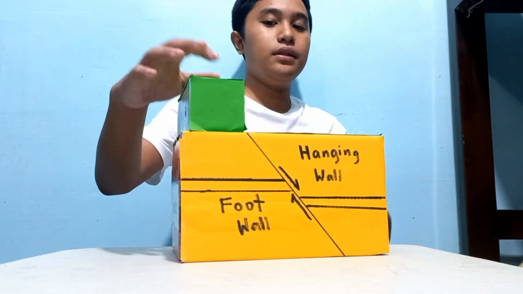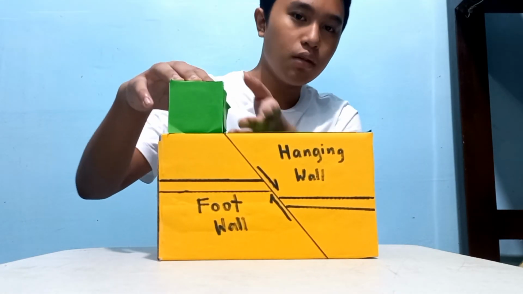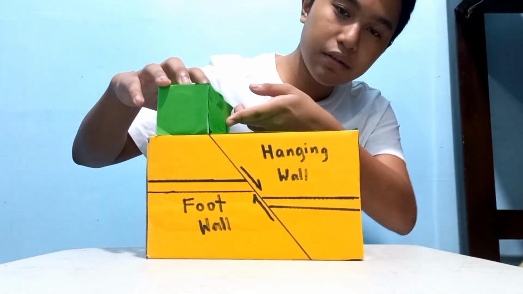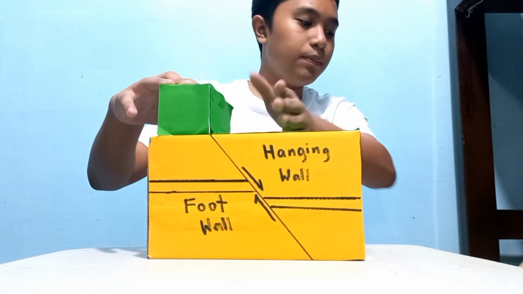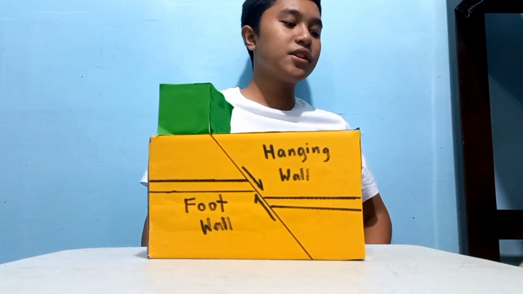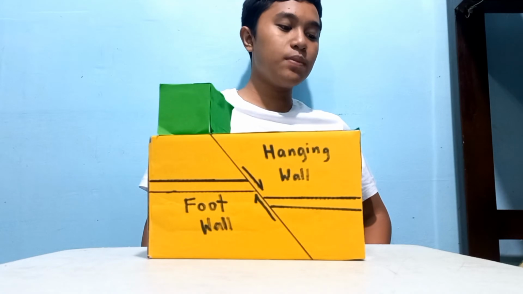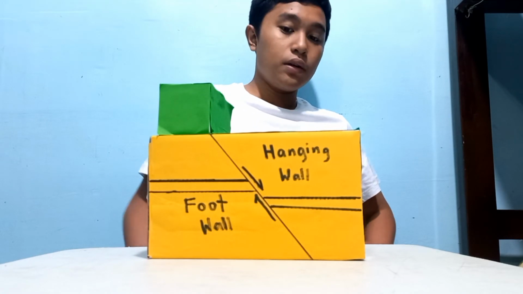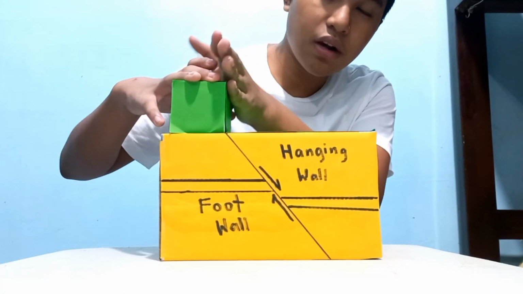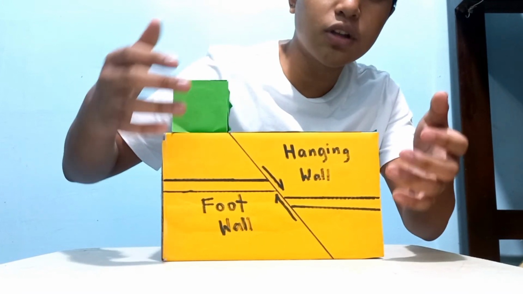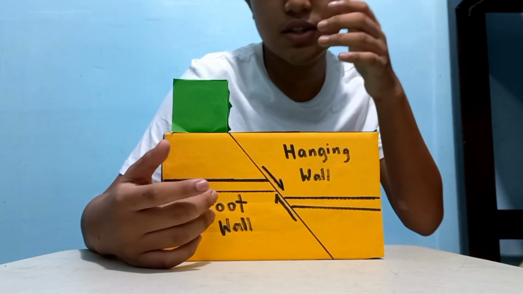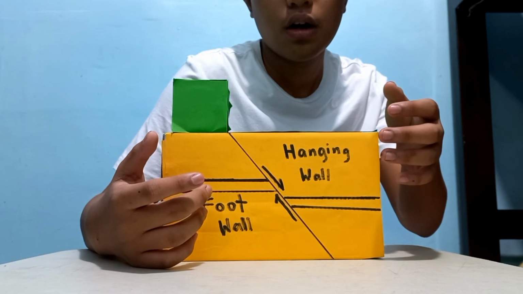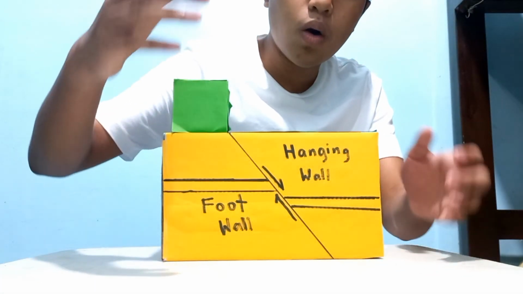The fault plane, this here is the fault plane, or here, the slip. It is the planar surface along which there is a slip during an earthquake. Here, when there is a fault, it is either reverse or normal when it moves.